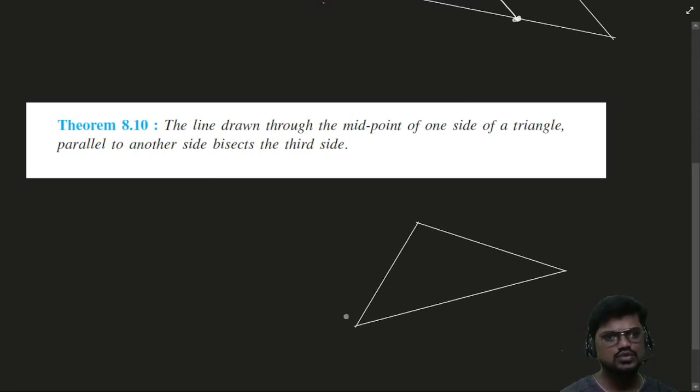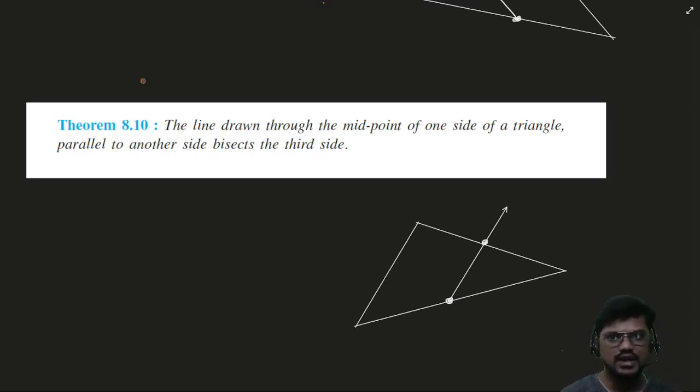Suppose if you know that this is the midpoint, and if you draw a line from this point parallel to this side, then what will happen? The line wherever it intersects the third side will be the midpoint of that third side.